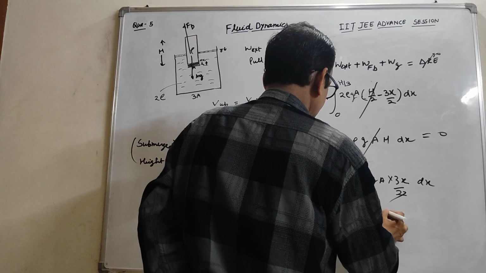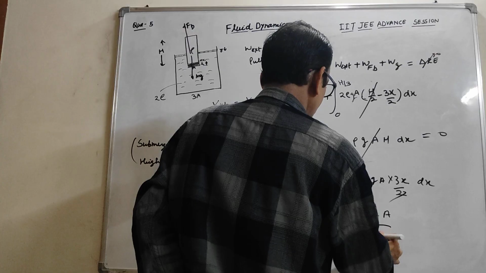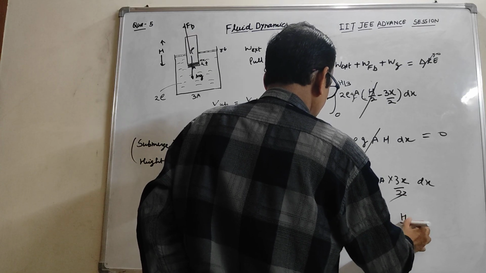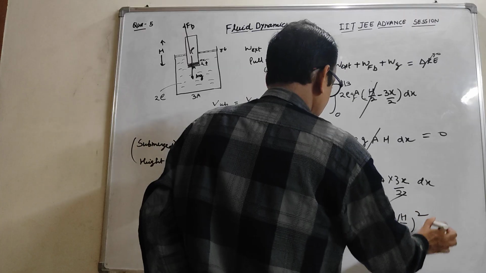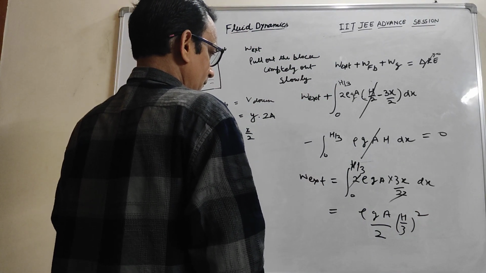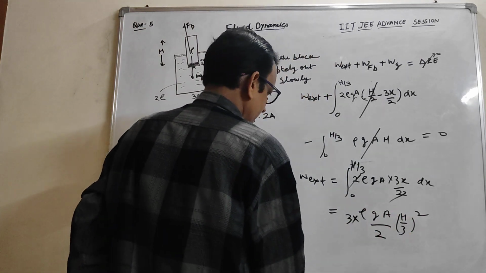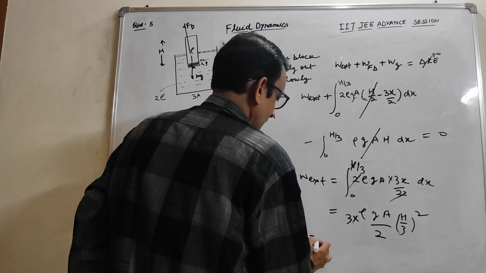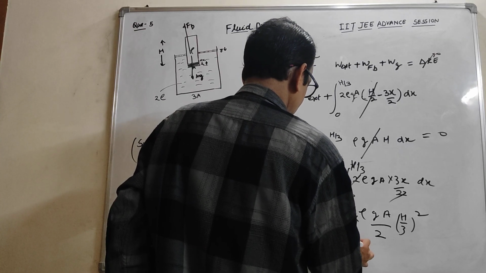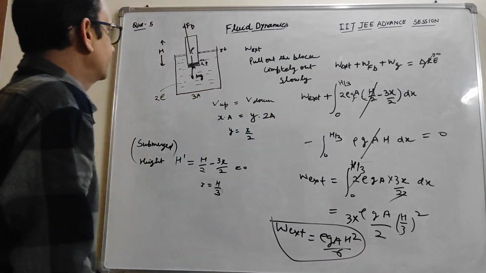Rho g A, h square by 2 and h by 3, h by 3 whole square, and 3 is also here, so this becomes rho g A h square by 6. This is the work done by external agent.